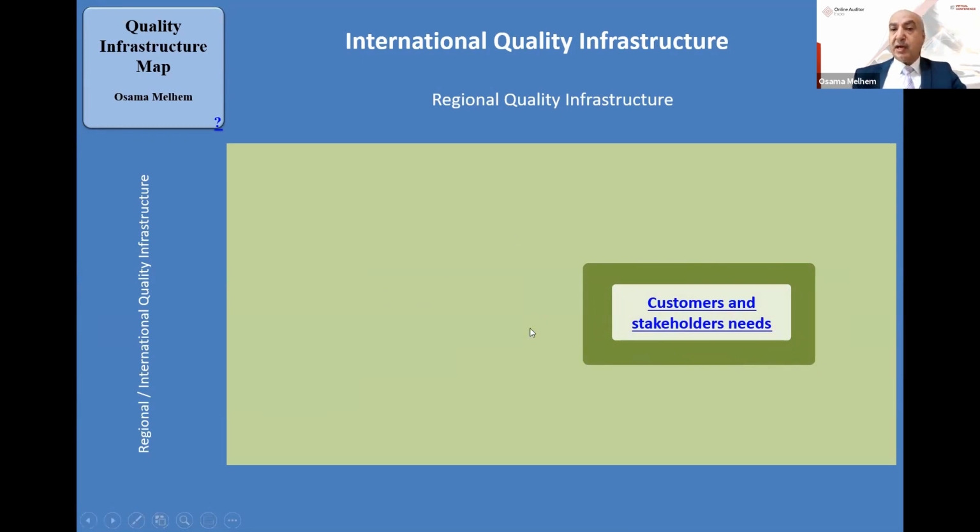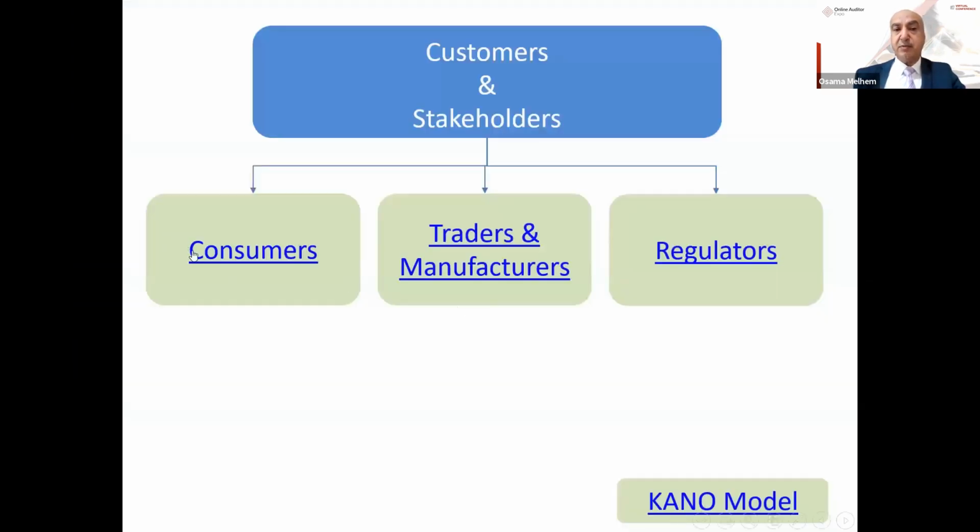Now, who are our customers? We need to define who our customers and stakeholders for the quality infrastructure are. Mainly, they are the consumers, traders and manufacturers, and regulators. These are the three main customers and stakeholders.